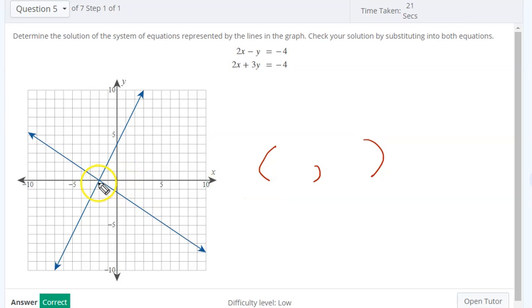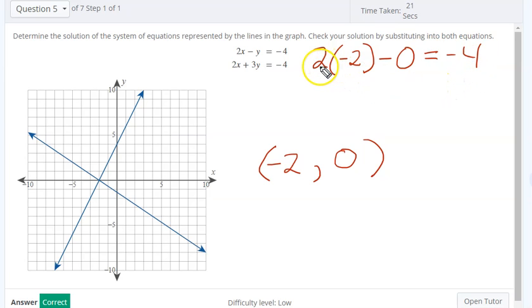Well, our x value is going to be a negative 2 right there, and our y value is going to be a 0. So we put that in here, 2 times negative 2 minus our y value, which is 0. Does that equal negative 4? Well, this is negative 4, negative 4. So this one checks.